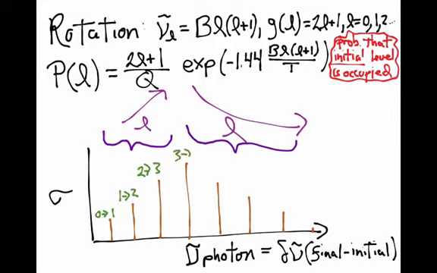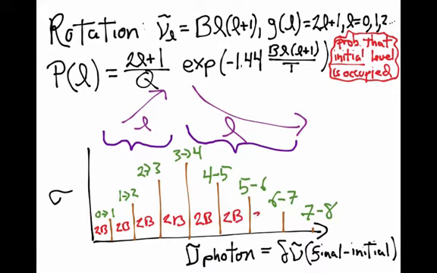And again, these represent the transitions from L equals 0 to 1, 1 to 2, 2 to 3, 3 to 4, 4 to 5, 5 to 6, etc. So each of them is making a change of 1 in the quantum number, and the spacing is even. So the spacing is always twice the rotational constant, 2B.